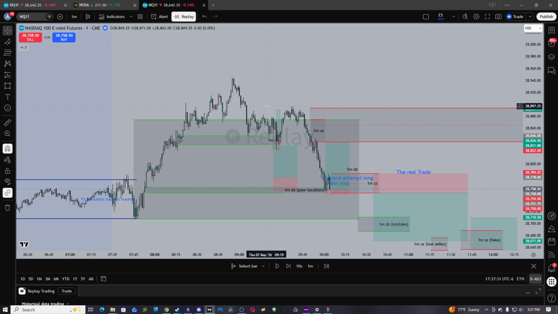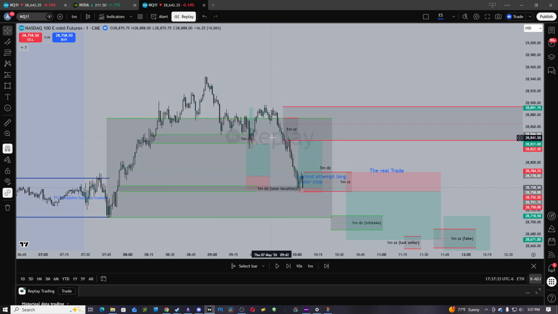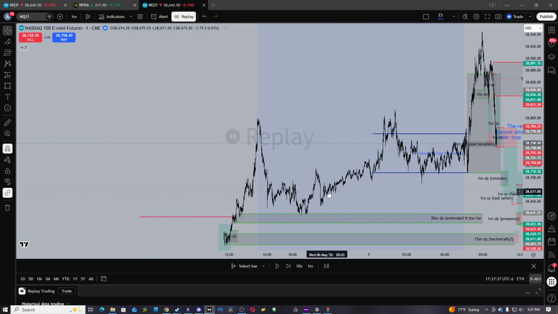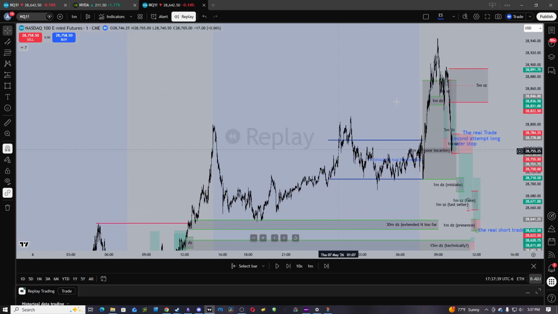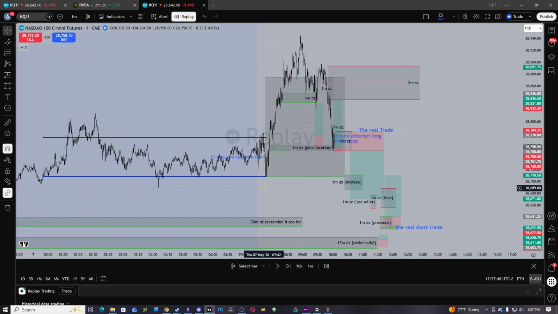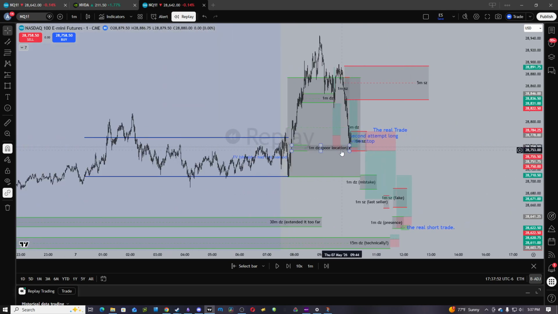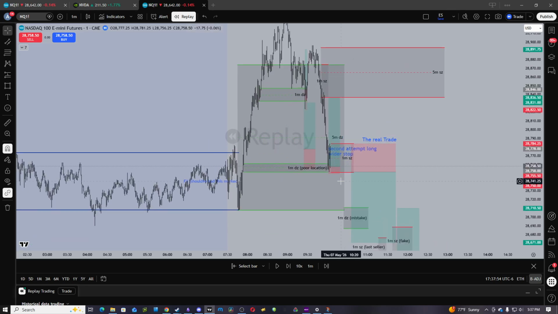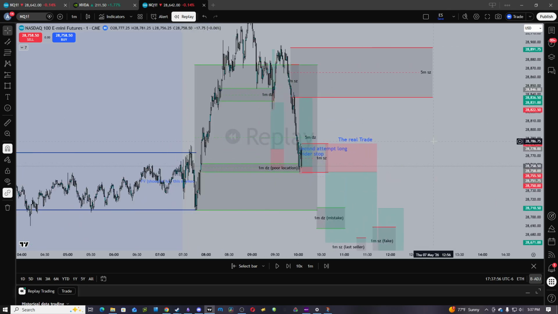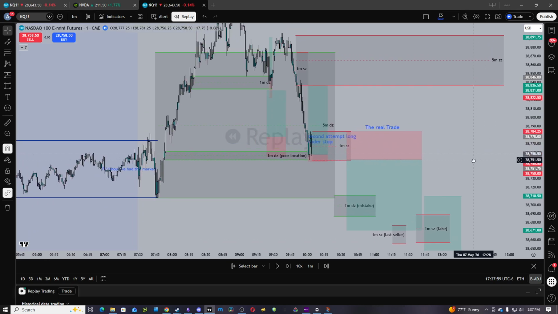I thought it would at least hit here or here, but if you zoom out, look at where it is relative to this big move up. This is where fair value is, right? This is where the 1 minute demand zone is. It's in the middle. This was a novice trade because I took a trade where a high amount of volume was and there was unlikely to be an imbalance there.